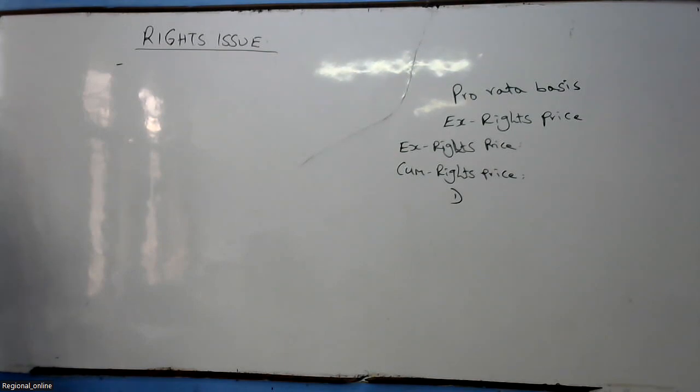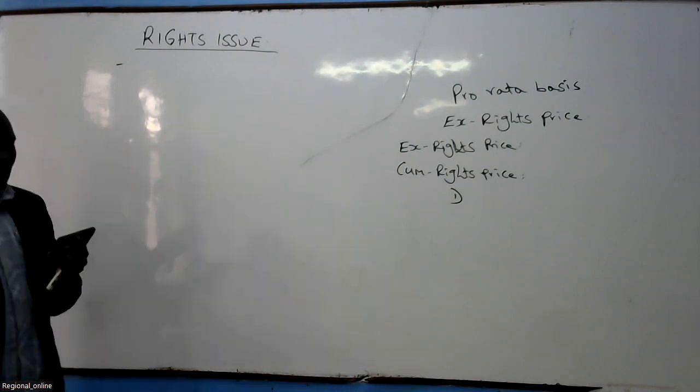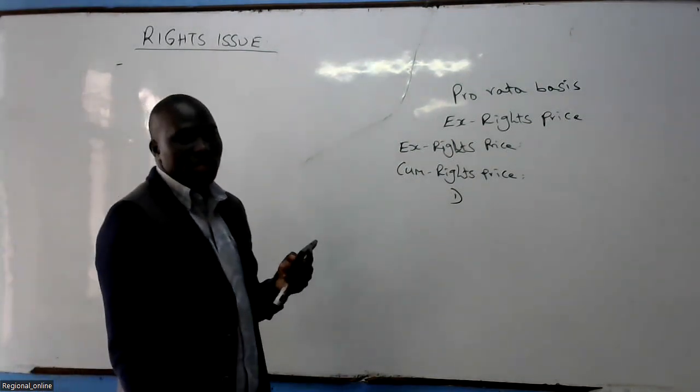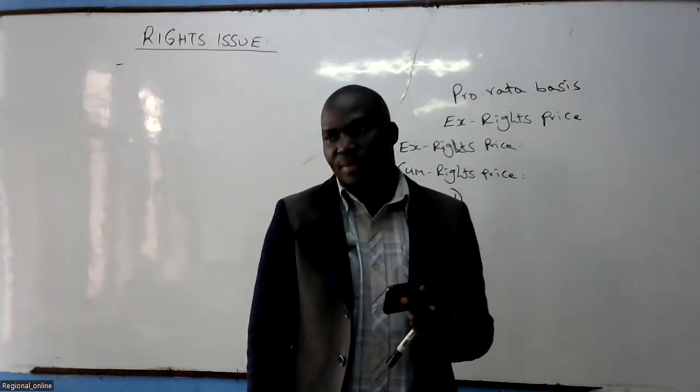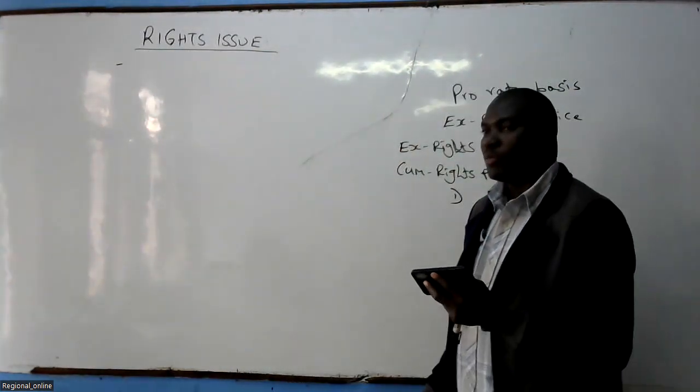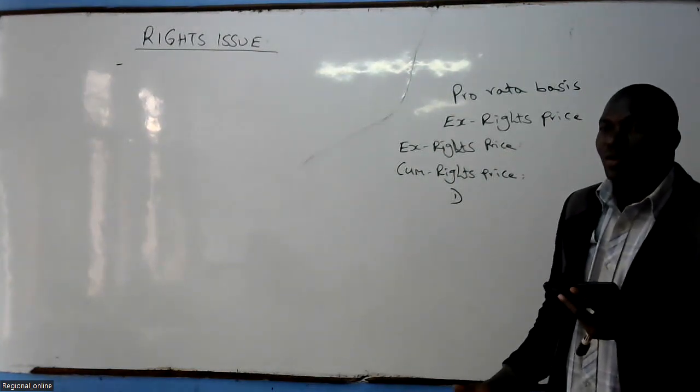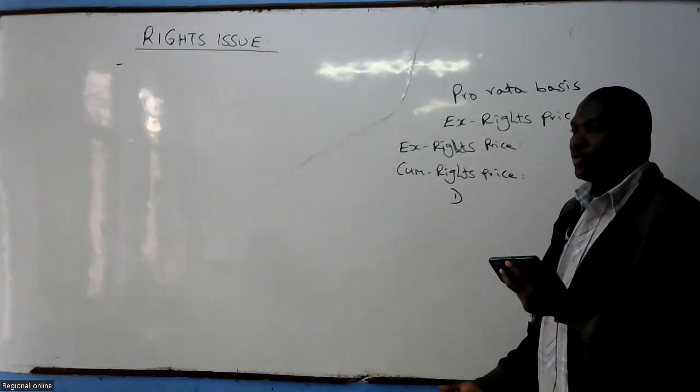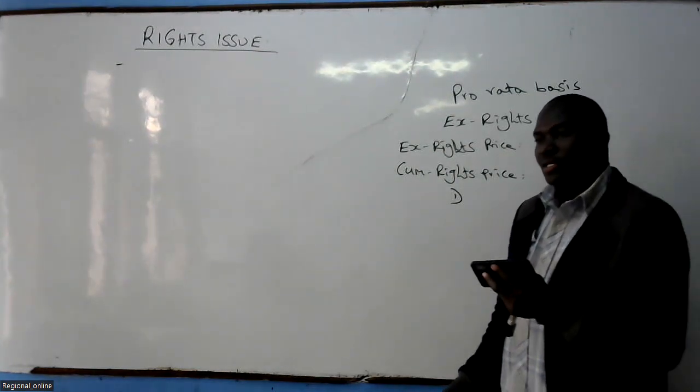Clear? Why do we incur that cost? To minimize the conflict, your agency problem. So the agency problem is the conflict that may arise between the principal and an agent.